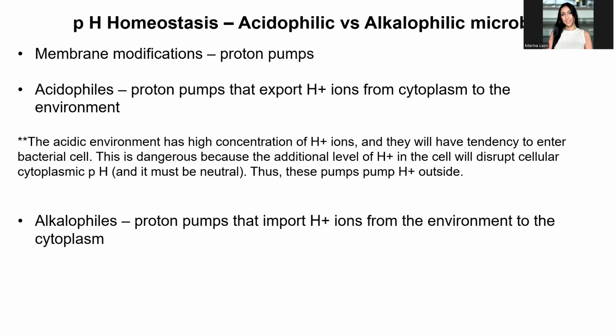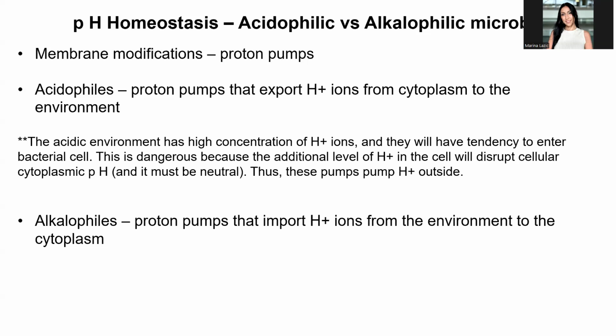On the other hand, those microbes that live in a very high pH environment are called alkaliphiles. That means they live in an area that has a lot of OH ions. So they still have proton pumps, but those proton pumps import hydrogen ions from the environment into the cytoplasm just to neutralize incoming OH ions from the external environment.